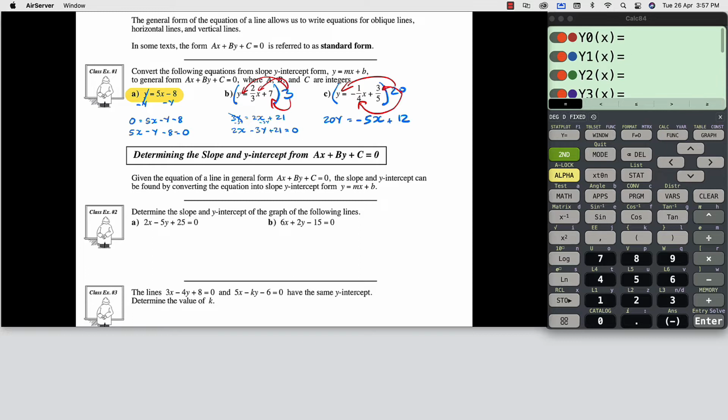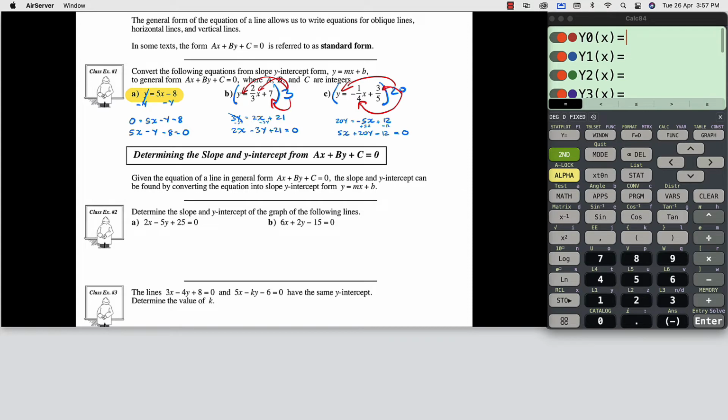Okay, and now I want to move the x over to the other side, so it's going to be positive. So I'm going to plus 5x and minus 12 from both sides, and I'm going to end up with 5x plus 20y minus 12 equals 0. And all three of those have been converted from the slope-intercept form into the general form.